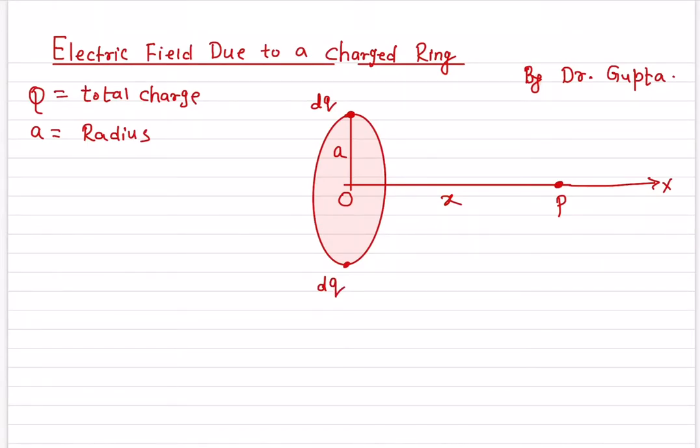All right, so the electric field at this point P due to this charge dq is away from the charge. It is in this direction, and I'm calling this dE, because it is only coming from the elementary charge dq.